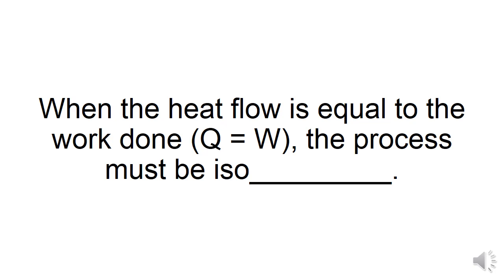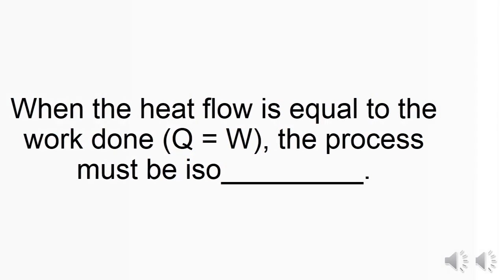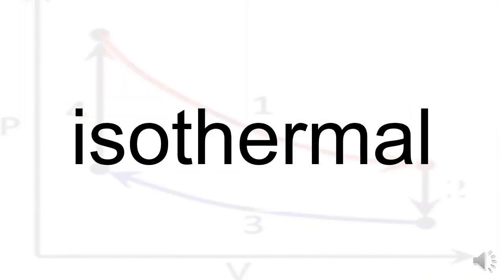When the heat flow is equal to work done, that's when Q is equal to W, the process must be iso what? Isothermal. That's because the delta U term goes away. It equals 0.